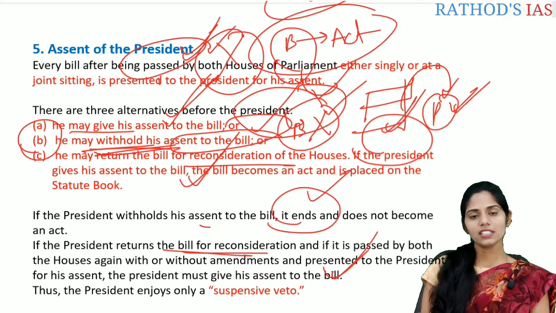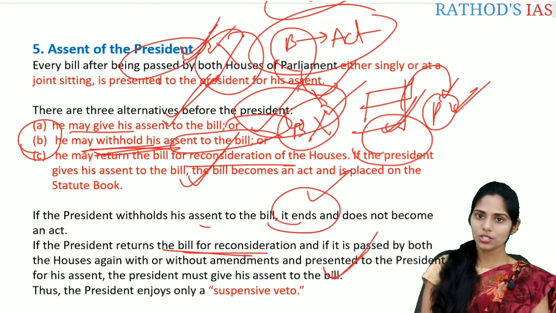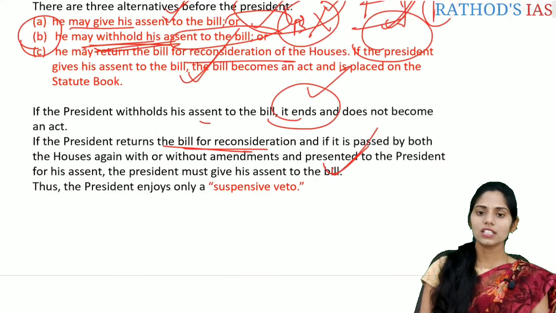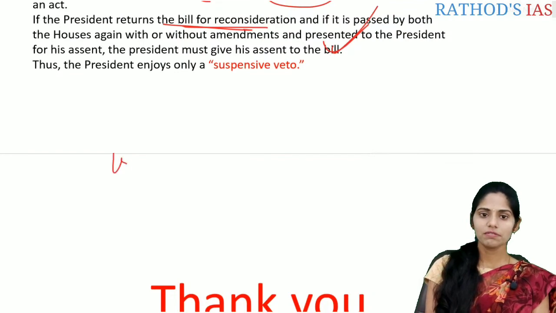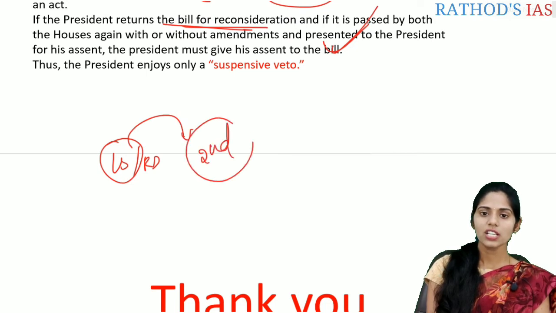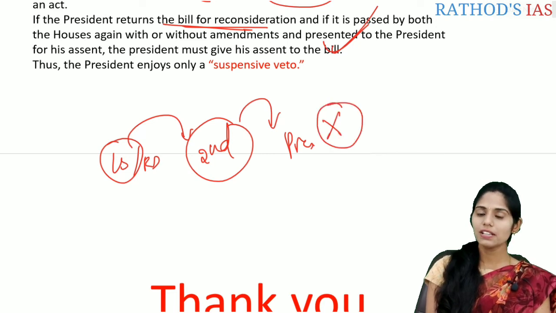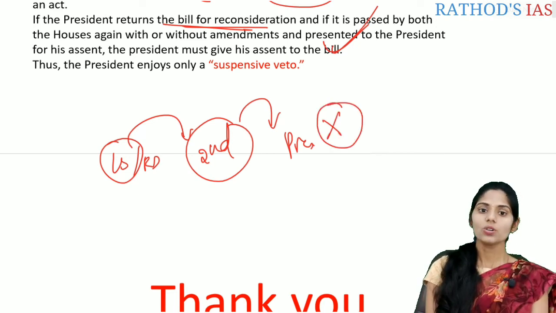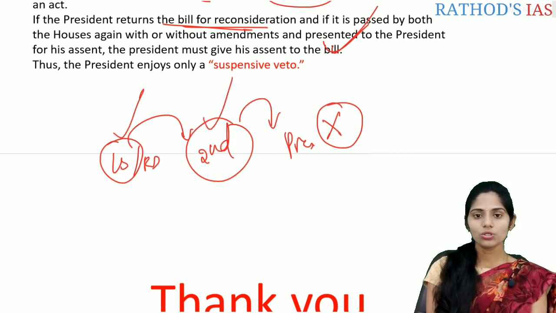So in the case of ordinary bills, the President only enjoys a suspensive veto. If you see this legislative process, the bill will first be passed in the Lok Sabha or the Rajya Sabha, then it goes to the second House, and then it goes to the President for assent. Without the President's assent, that bill will not become an Act. So here House 1 is present, House 2 is present, and the President is also present.